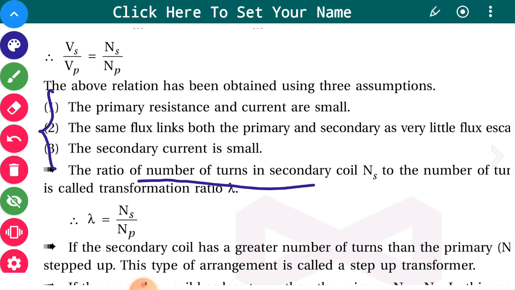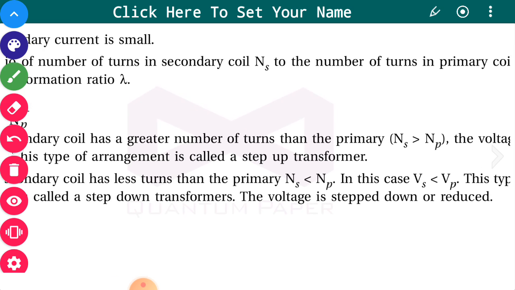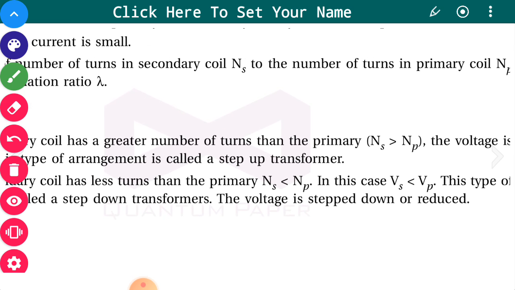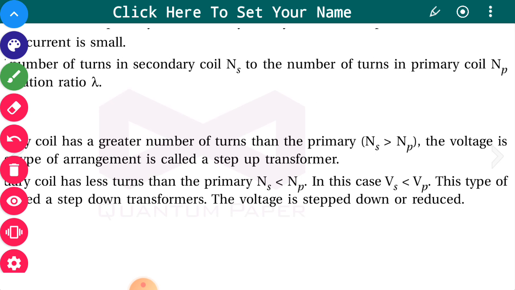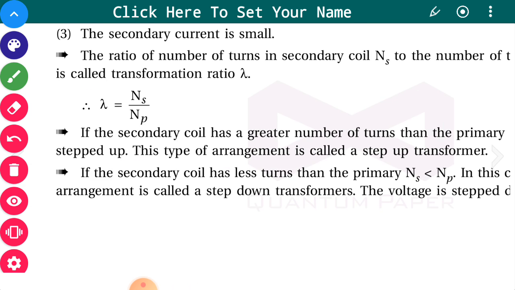The ratio of number of turns in secondary and number of turns in primary is denoted by lambda, which is called the transformer ratio. If the secondary coil has a greater number of turns than the primary, try to understand, secondary is having more turns, then what will happen? Voltage in the secondary will be higher than the primary, so it is stepped up. We can say this type of transformer is a step up transformer.